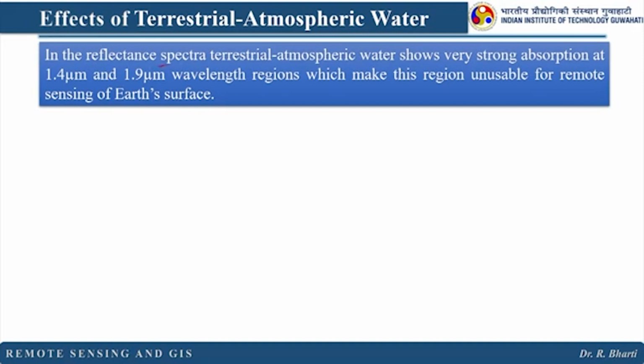So, in the spectra, terrestrial atmospheric water shows very strong absorption at 1.4 and 1.9 micrometer wavelength regions, which makes these regions unusable for remote sensing of Earth surface. Remember, I am telling this when your target is surface, but for atmospheric people this error can be the data, right.